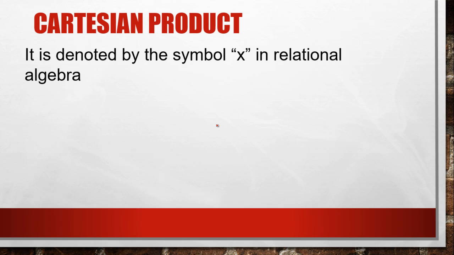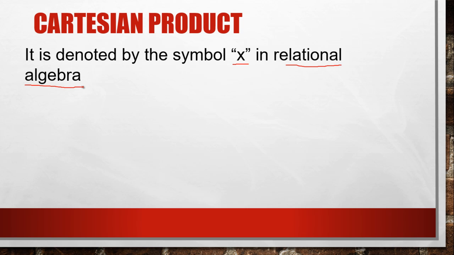Now what is basically a Cartesian product? First of all, it is denoted by the symbol X in relational algebra. This is basically the symbol of cross. Okay, and remember one thing, we are talking about relational algebra operations. As we know that we have performed many queries in SQL, but there is one more thing that is called relational algebra, and in relational algebra the Cartesian product is shown by the cross symbol.